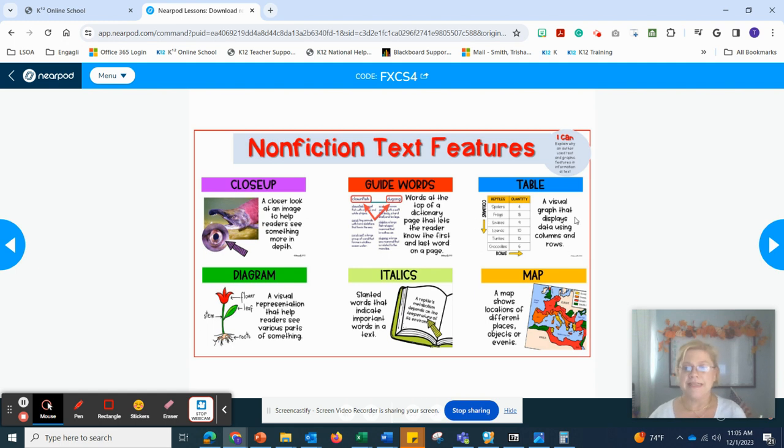Next, we have table, a visual graph that displays data using columns and rows. Then we have diagram, a visual representation that helps the reader see various parts of something. Italics, slanted words that indicate important words in a text.